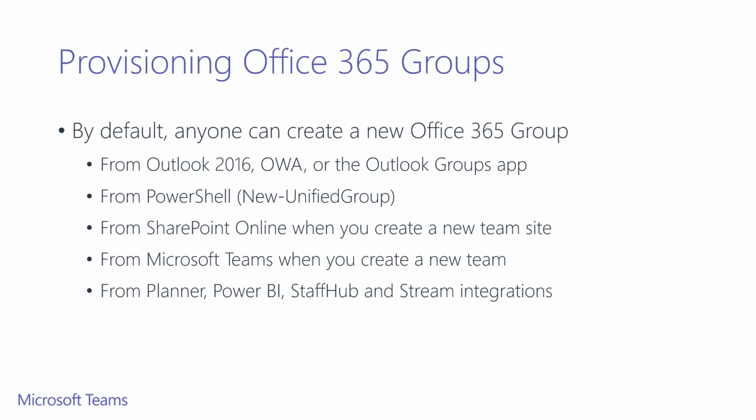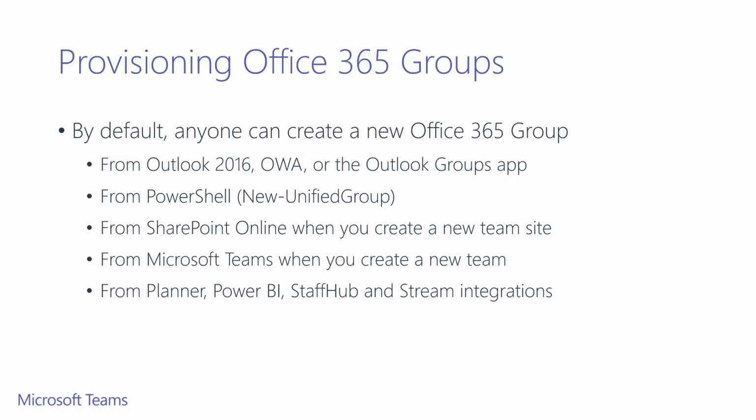As mentioned on the previous slide, when you're provisioning Office 365 groups, from an end user perspective, any user by default has the capability of creating a new group. We can create it through a number of different applications as well, whether it's Outlook, through PowerShell, utilizing the new unified group command, which builds on top of our Microsoft Graph API.